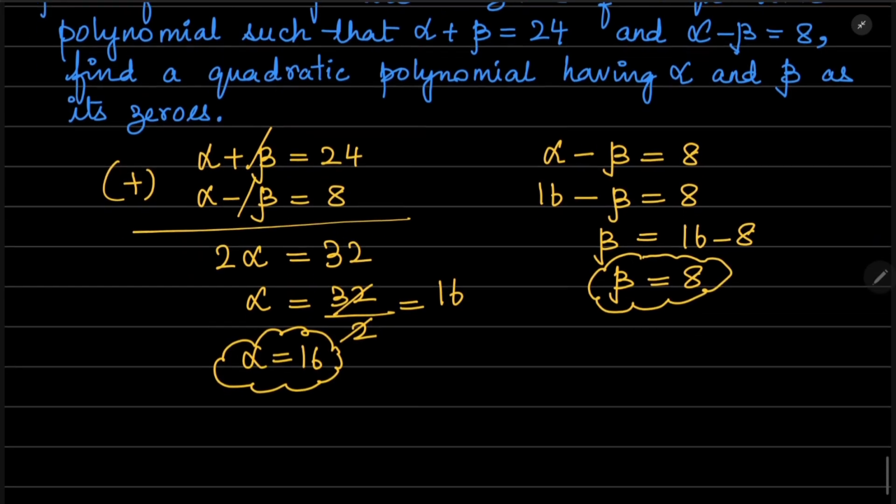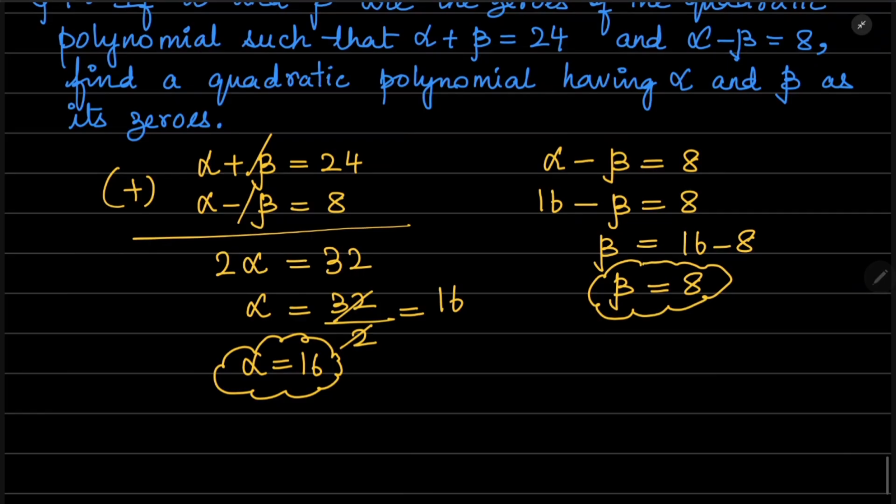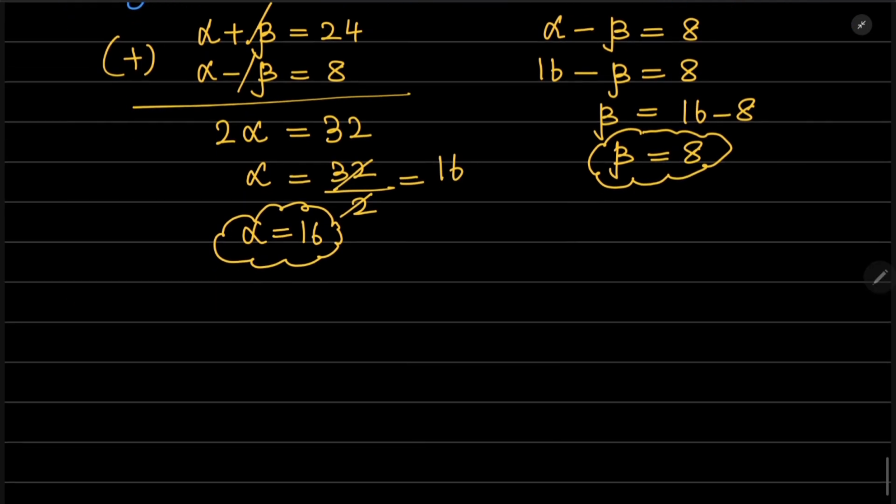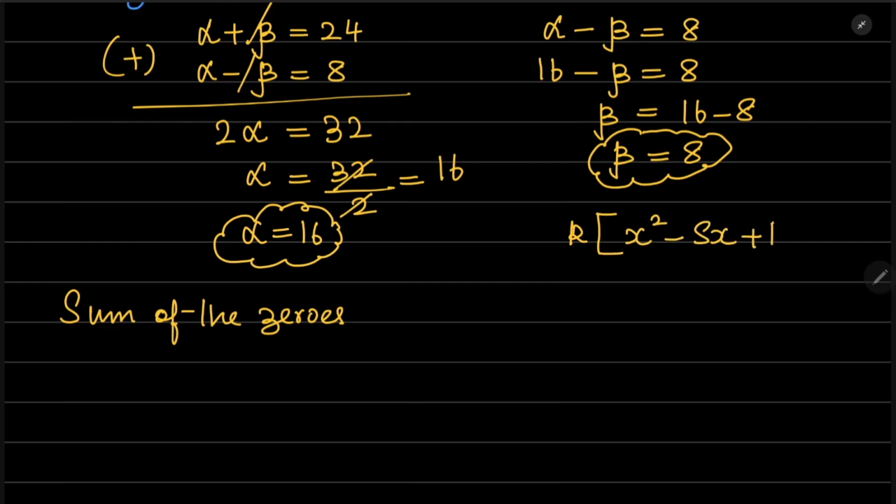Now if you know the zeros, how will you find the polynomial? If you just know the zeros, you will not be able to write a quadratic polynomial directly. In order to write a quadratic polynomial, you need to know the sum of the zeros. Because the formula for writing the quadratic polynomial is k multiplied by x square minus sx plus p, where s is nothing but your sum of zeros and p is nothing but the product of the zeros.